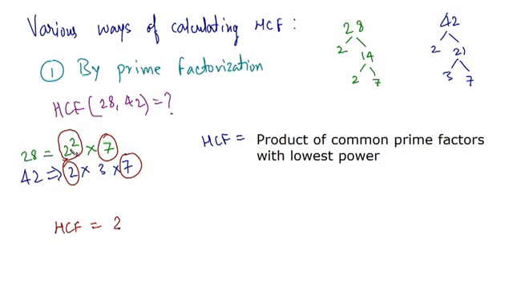Now we have to find out the lowest power of 2 amongst these prime factors. The lowest power of 2 is 1. So 2 raised to 1 into the next common prime factor, 7. Again, the lowest power of 7 in these prime factors is 1. So here is our answer. HCF is equal to 14. So highest common factor of 28 and 42 is 14.